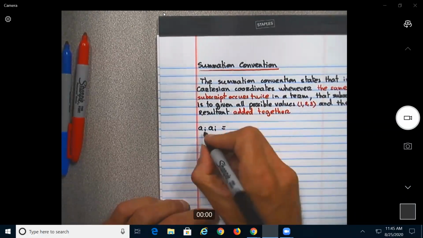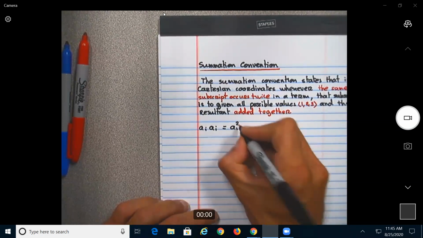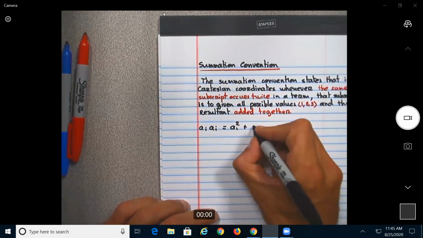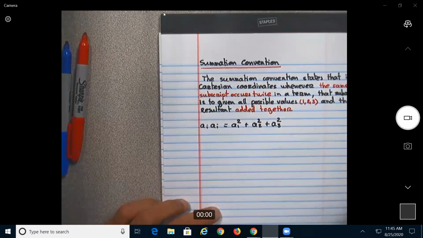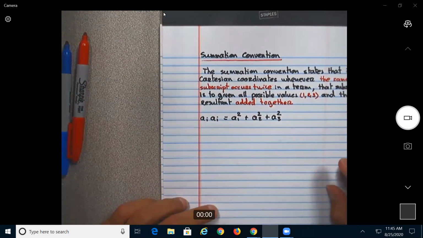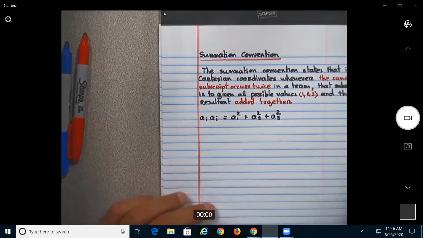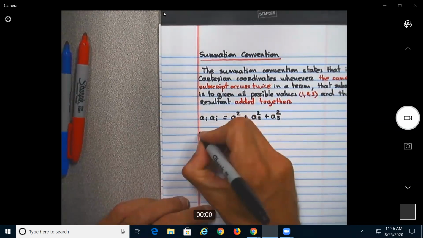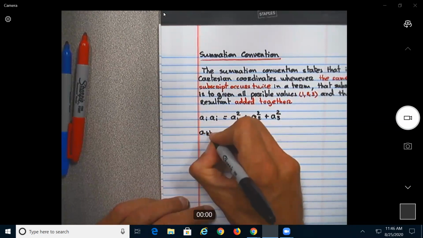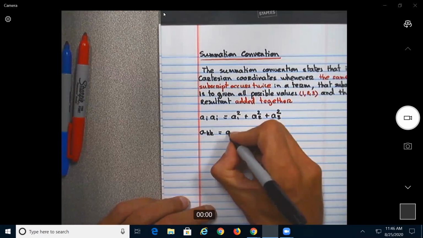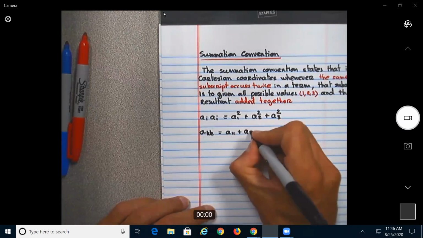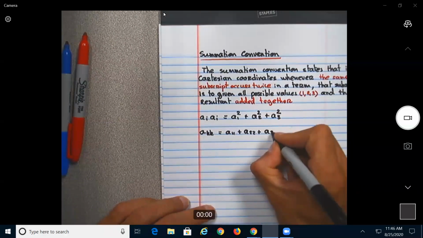It would be a1 squared plus a2 squared plus a3 squared, okay? Here I use i, but you could use any letter. Let's say a kk would be what? a11 plus a22 plus a33.